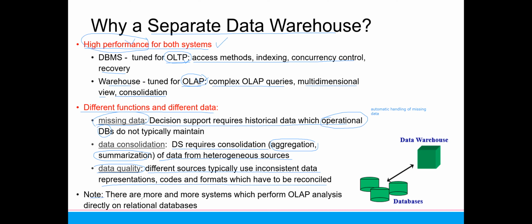So note, there are more and more systems which perform OLAP analysis directly from relational database. If you have a good main computer, you can perform the OLAP directly in the relational database. But until now, it is a good practice to split between the OLTP or transactional database and the data warehouse.